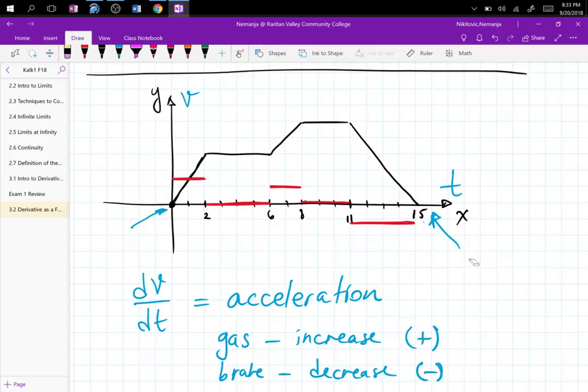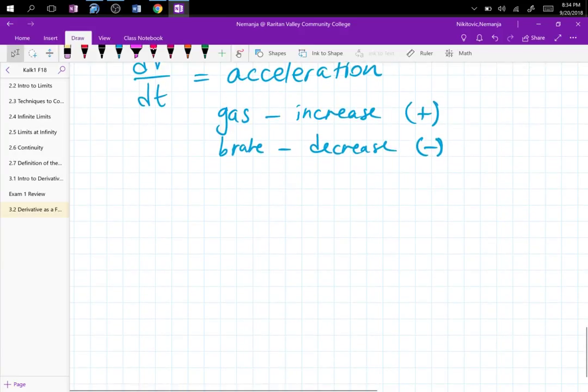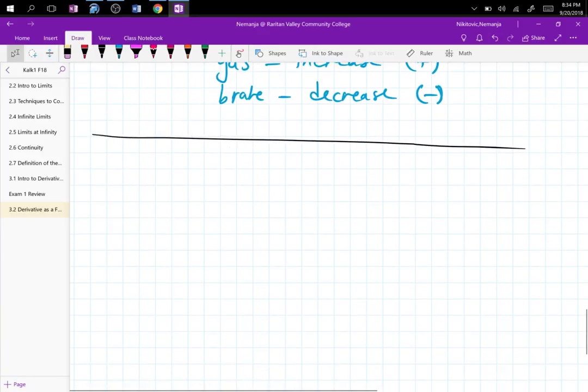But I needed this example just to show you that we can figure out the derivative just by looking at the function. We don't have to know what the function is, and it doesn't have to be just constants and linear. So we can have any kind of squiggle.